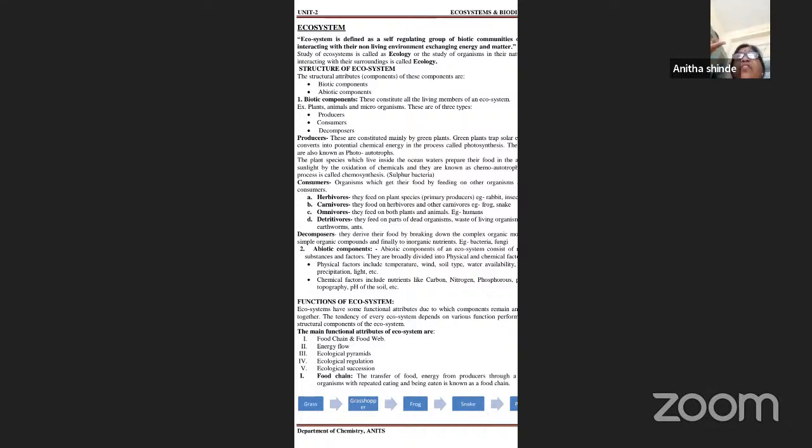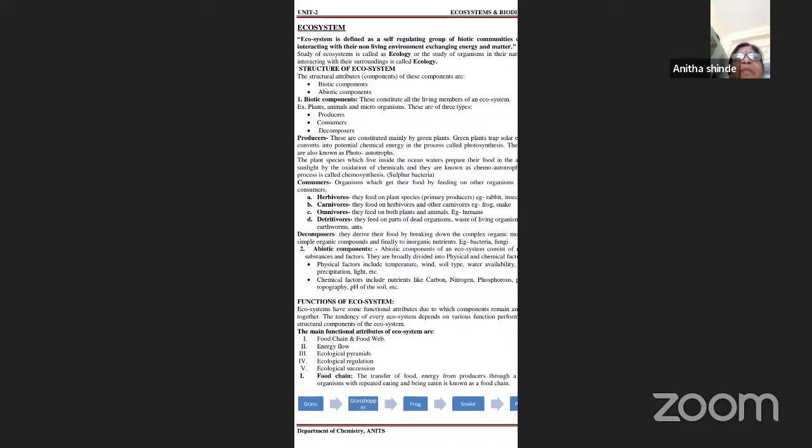Always there is an exchange of energy as well as matter between the biotic and the abiotic component. That is how we can define ecosystem.